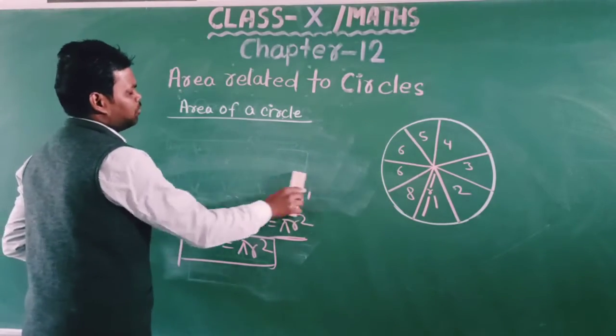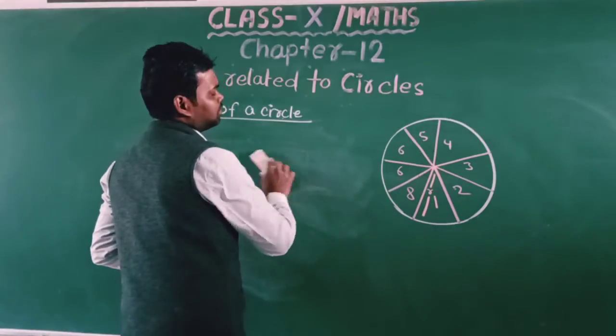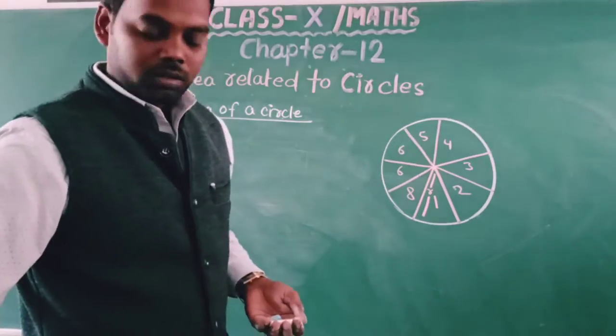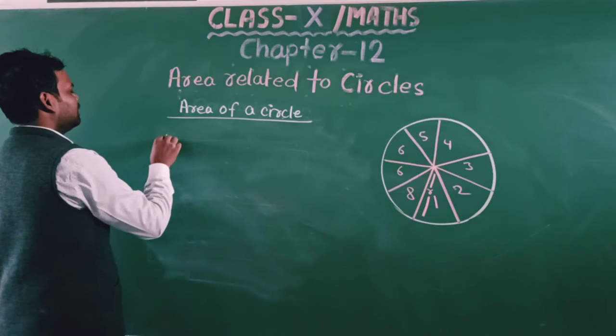Again, move to the next part: the formula for the area of a semicircle.